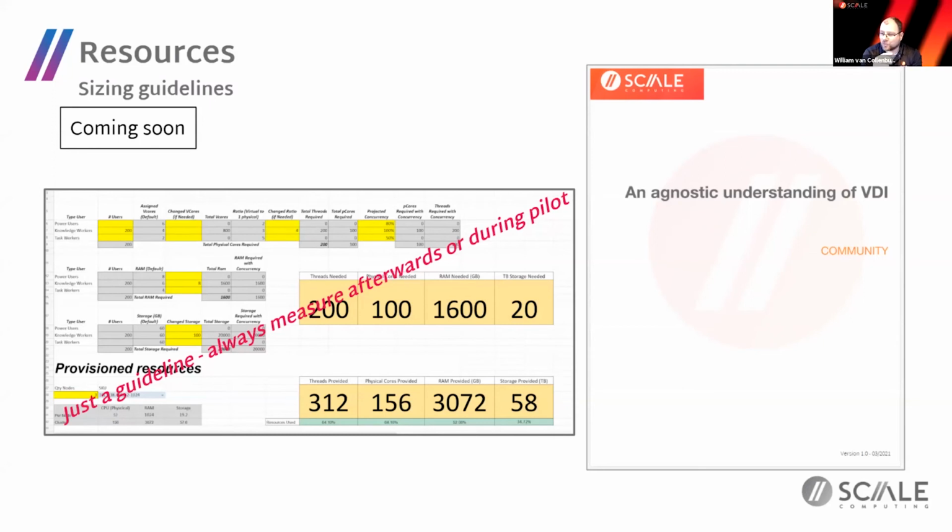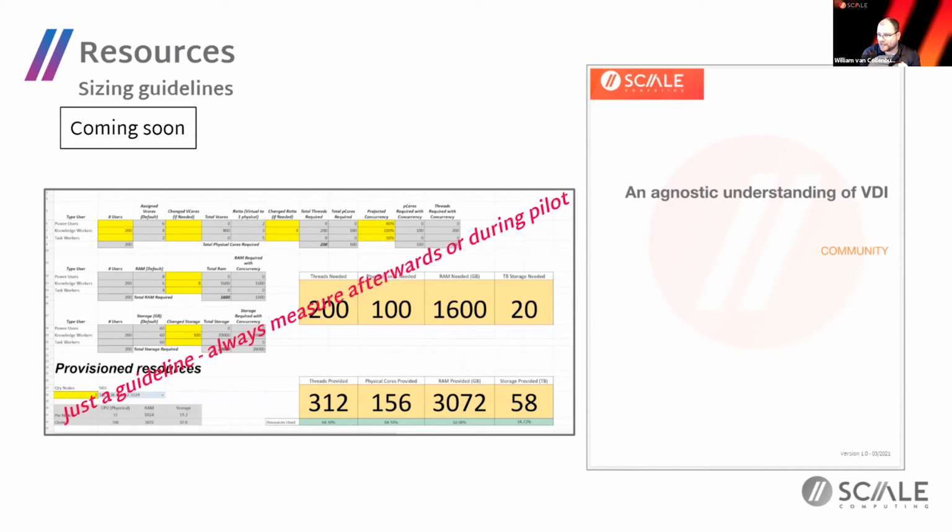Obviously, I've put this warning over the center of this slide saying this is just a guideline. There are some really smart tools in the market that will help you to see whether or not your calculations are correct, whether or not your calculations actually make sense.